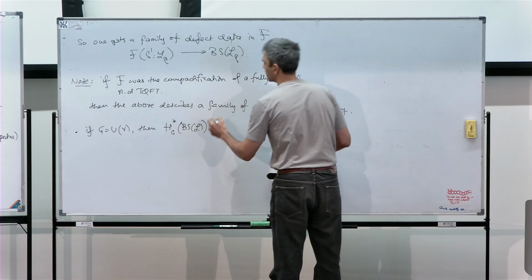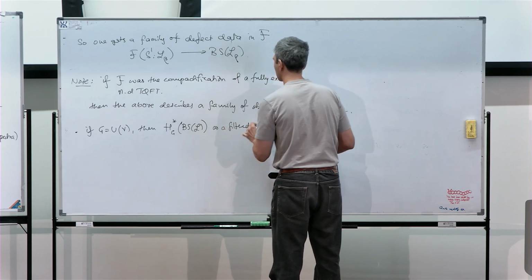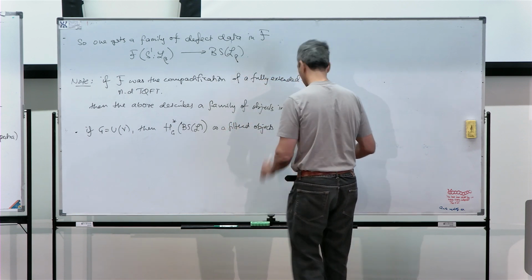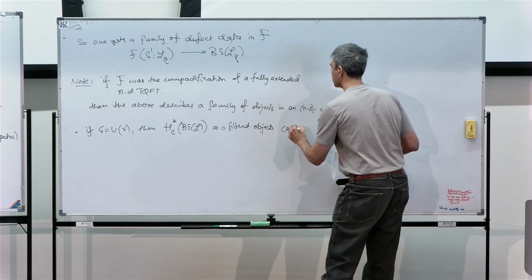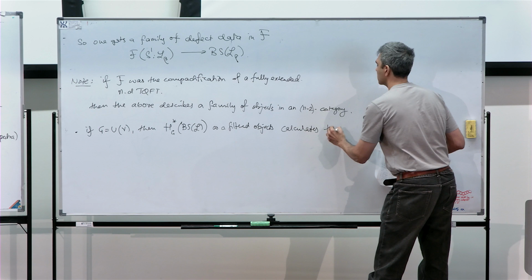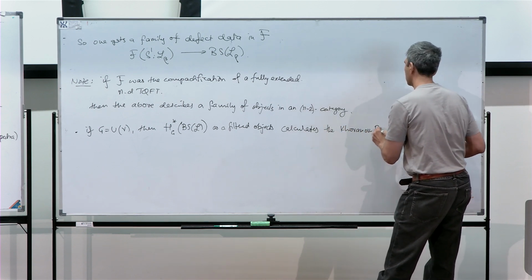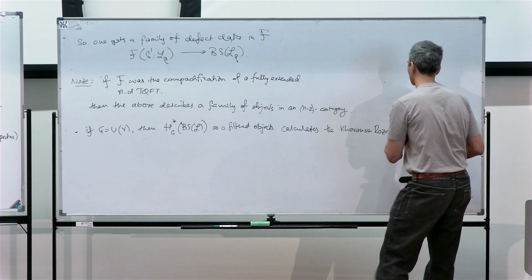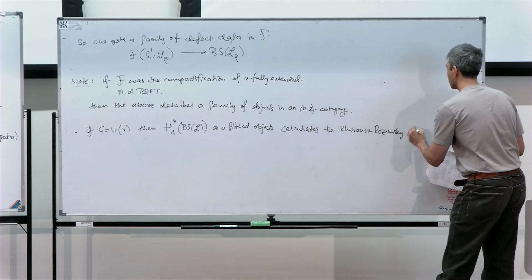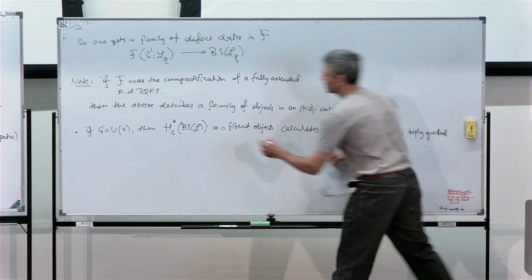Then this, as a filtered object, calculates the Khovanov-Rozansky triply graded link homology.